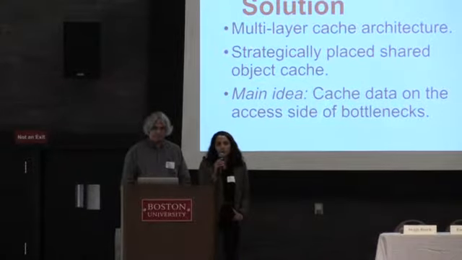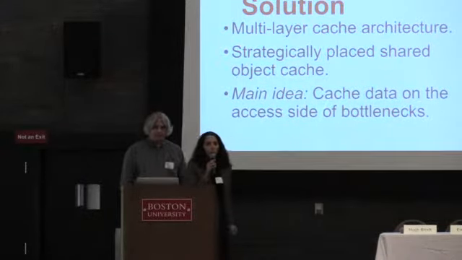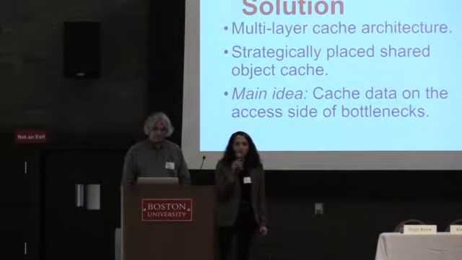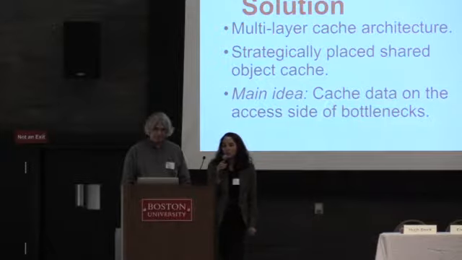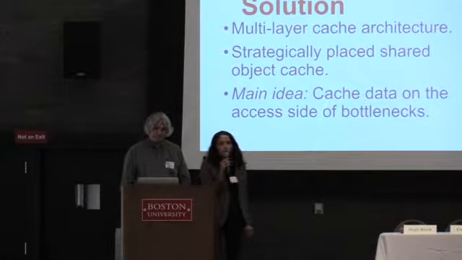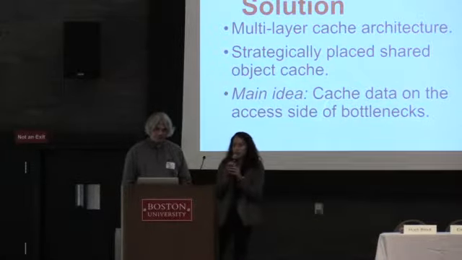These result in network imbalances and impact the performance of applications. So we propose a solution, D3N, which is a multi-layer cache architecture for the data center, where we strategically place shared object caches across the data center. The main idea of D3N is caching the data on the access side of the bottlenecks.